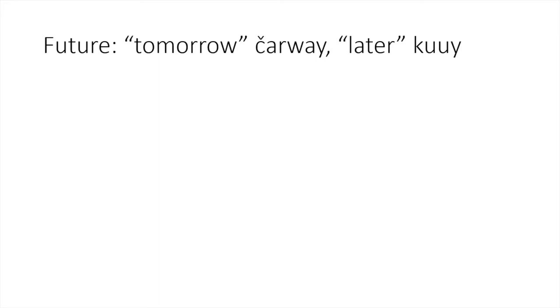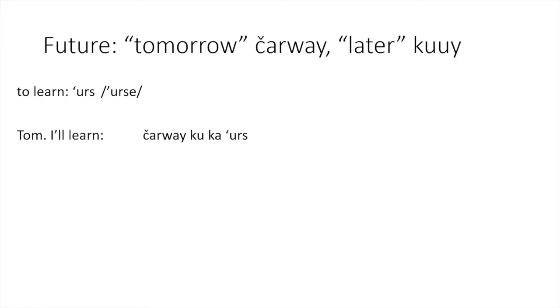So there are some cases where if you want to add some other adverb like tomorrow or later, Isabel does this a lot. It is a slightly different process. So let's look at it. Again, for future, you do not really need to know the underlying form. So to learn. Tomorrow I'll learn: čarway kuka urus.